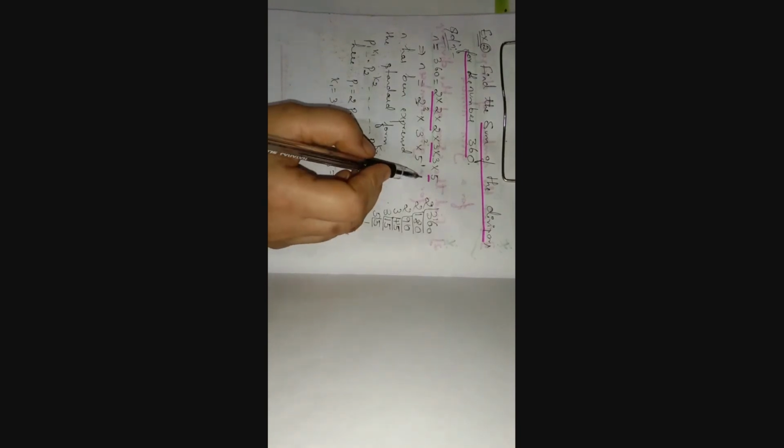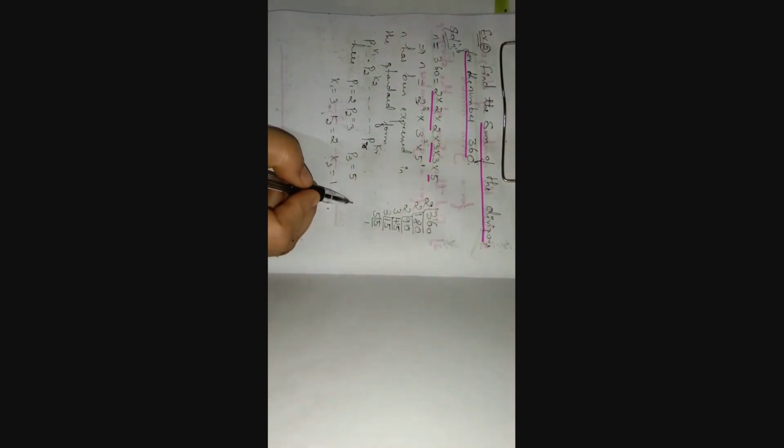P3 is 5 and K3 is 1. Since in this problem also we have only 3 prime numbers, P1, P2, P3, and their powers K1, K2, K3. If any other prime number is there, suppose 7, then it will be P4 and its power is K4. In that way you are supposed to write it down.